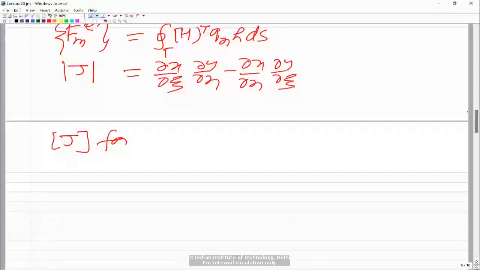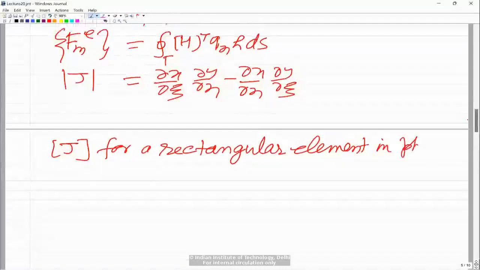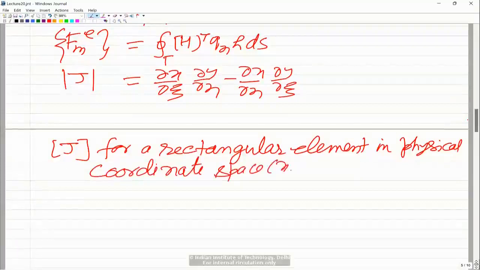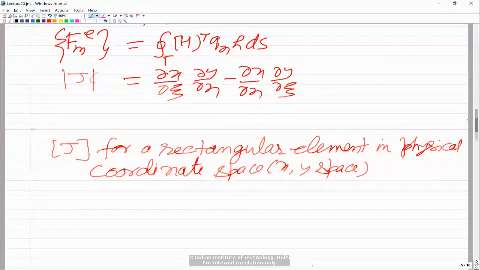So let me take an element which is a rectangle in the physical coordinate space, that is, the xy space. This is an example of how to calculate the Jacobian matrix for a rectangular element.